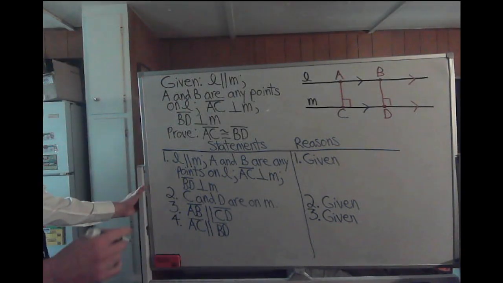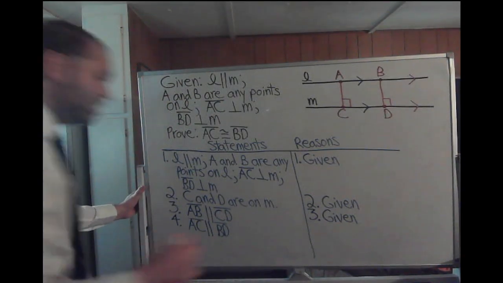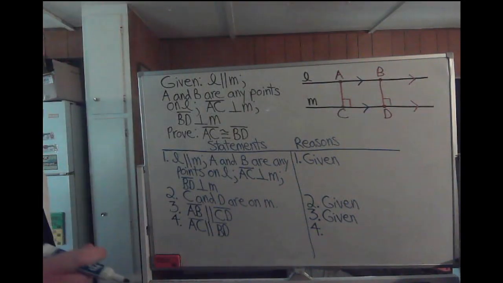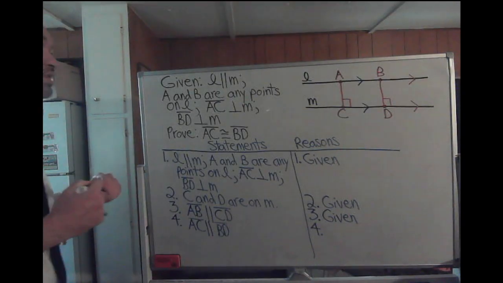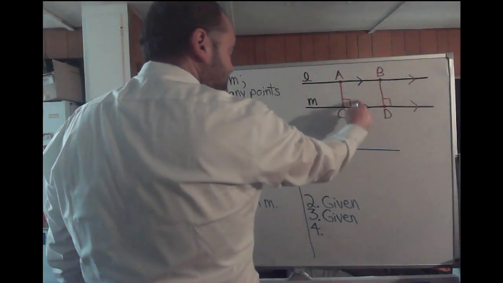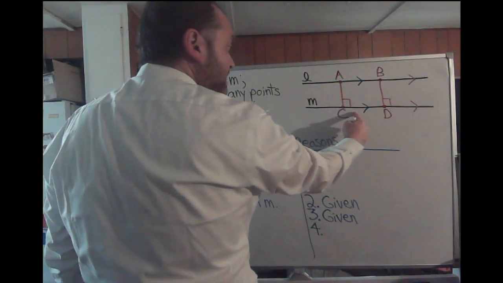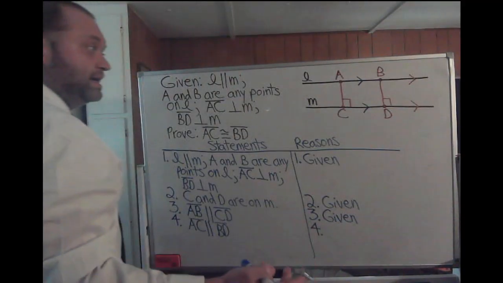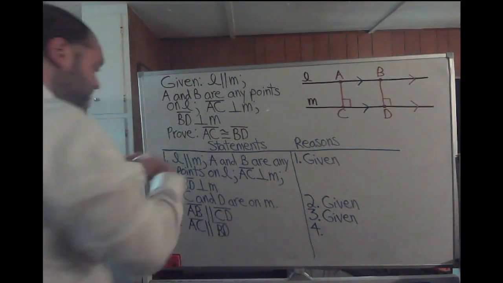Well, how are they parallel? It all goes back to that theorem that says two lines perpendicular to the same line are parallel to each other. So here we see that AC is perpendicular to line M. Well, BD is also perpendicular to line M. That means they have to be parallel to each other, right?